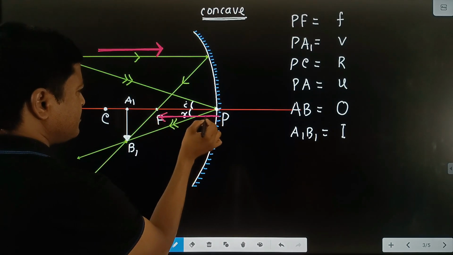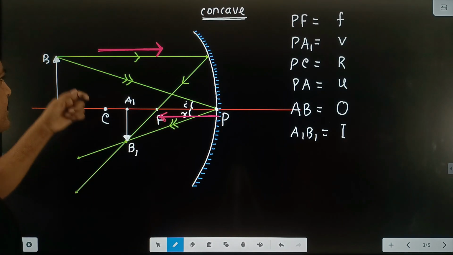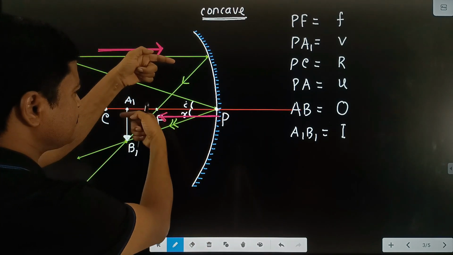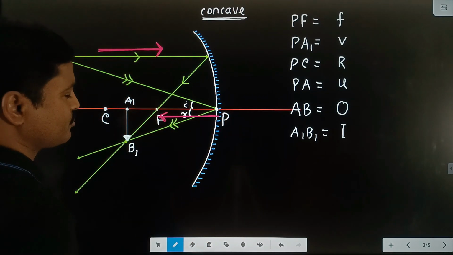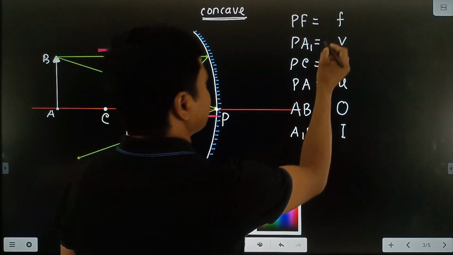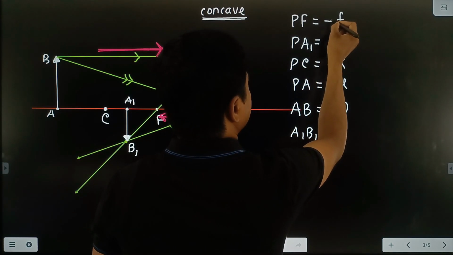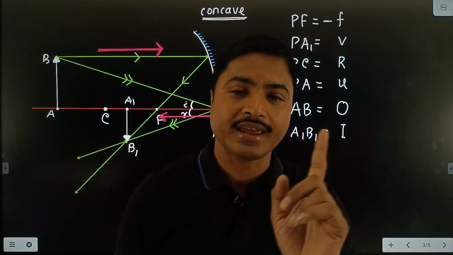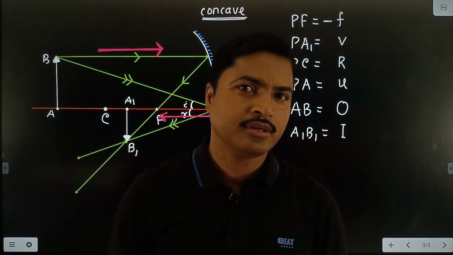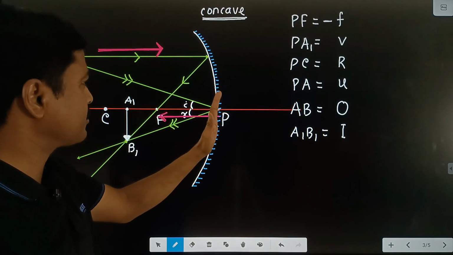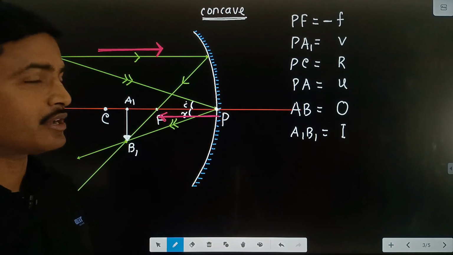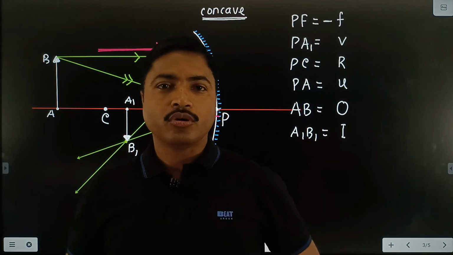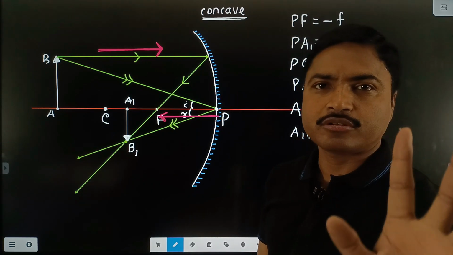That means this is the direction of the incident ray, and we measure just in the opposite direction, P to F. So PF, the focal length, is negative. In place of f, here we write minus f, not plus f. Clear? That means in case of a concave mirror, focal length is always negative, not positive.